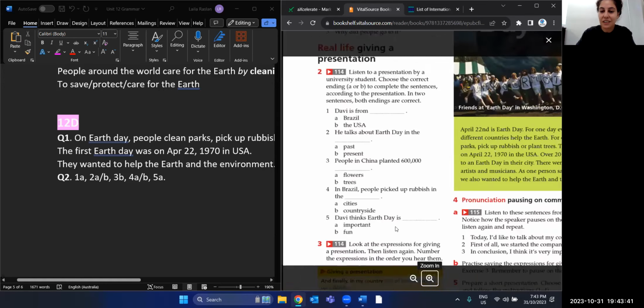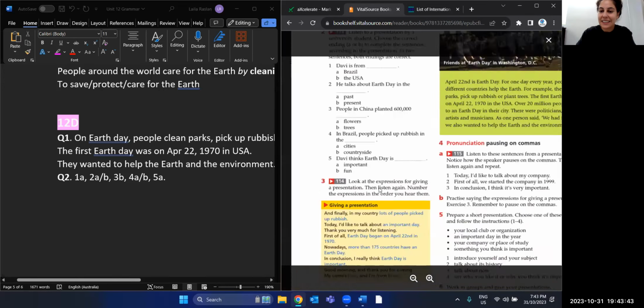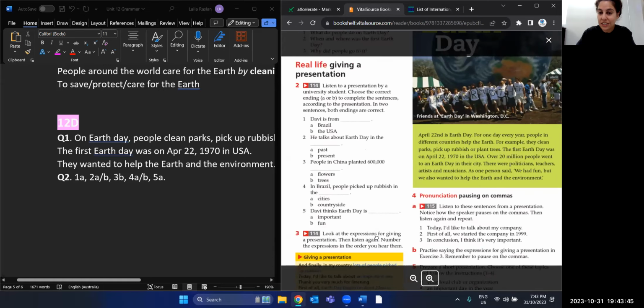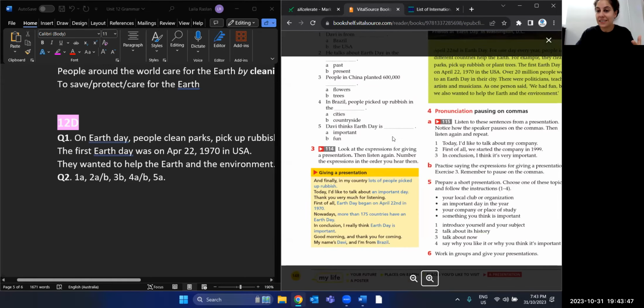But before we do that in our group, let's look at the expressions that he used and talk about how we can use some expressions as well. So we're going to listen one more time to Davy and his presentation, and you're going to put a number next to which statement or sentence he said first, second, third, fourth, fifth, up to number 8.